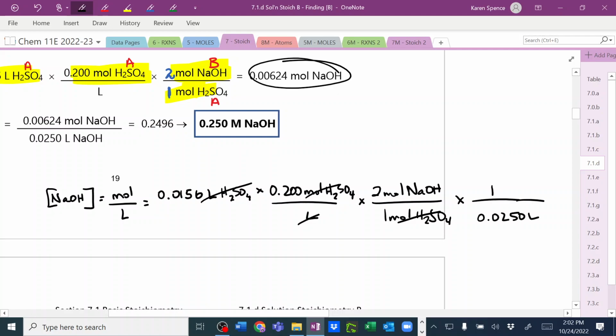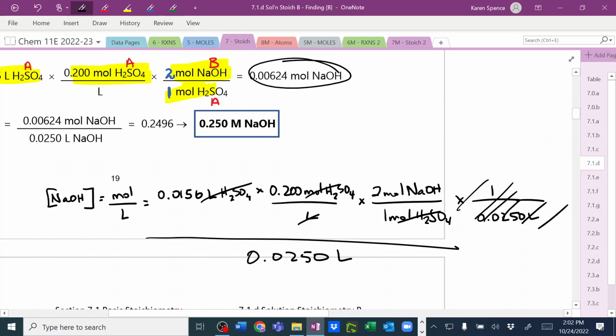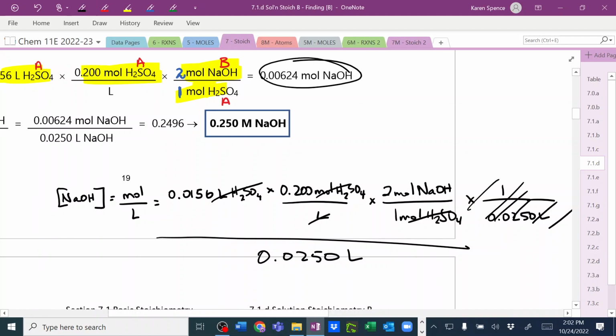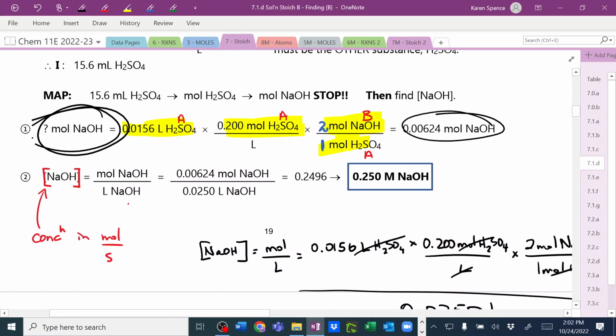So you can do that, or if you didn't have this, you could take this and put it over 0.0250 liters. That's also okay. Either one of those works, or you can do it in the 2 steps like we did up here. Just don't put it all in one line. That's the only thing to watch out for.